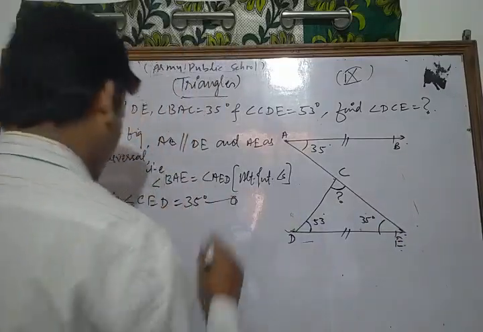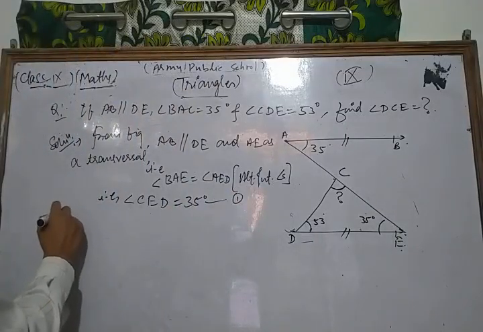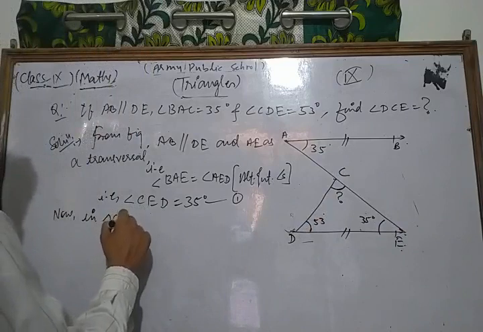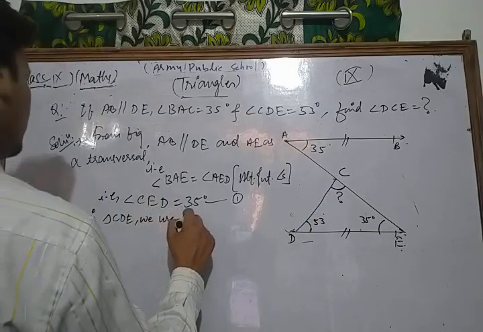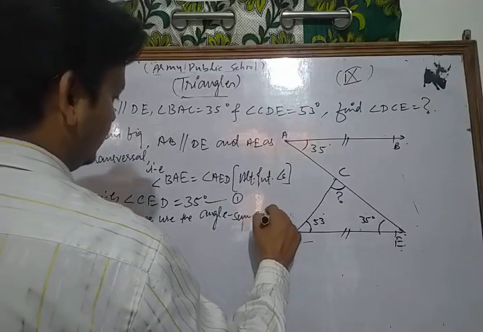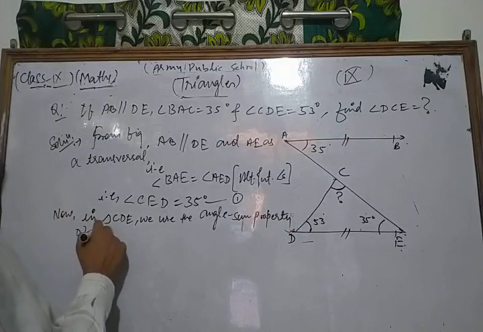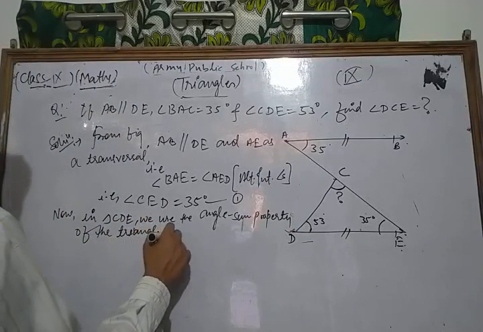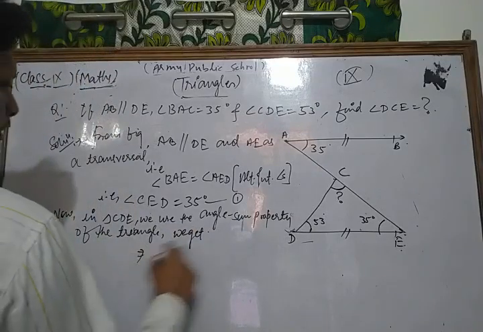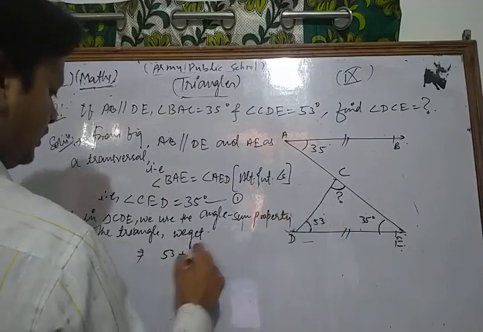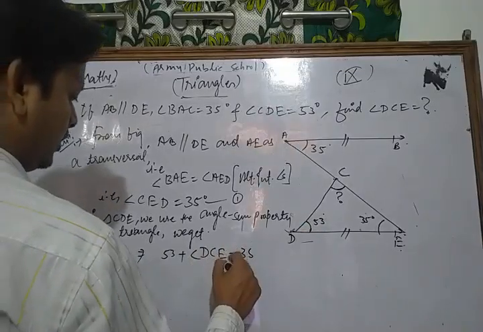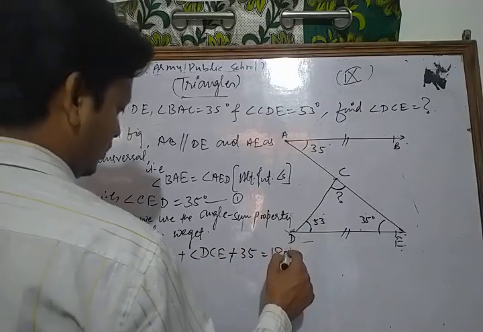Now, in triangle CDE, we use the angle sum property of the triangle, that is 53 plus angle DCE, which we find, plus 35 is equal to 180.